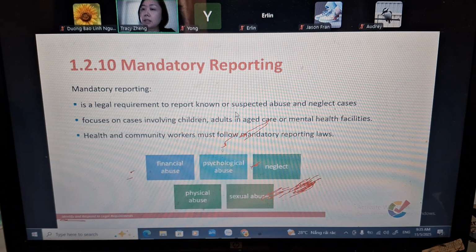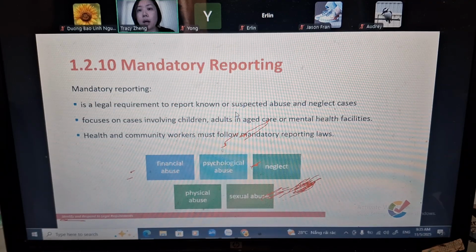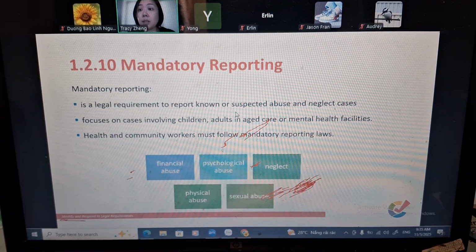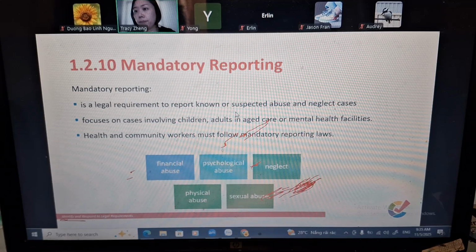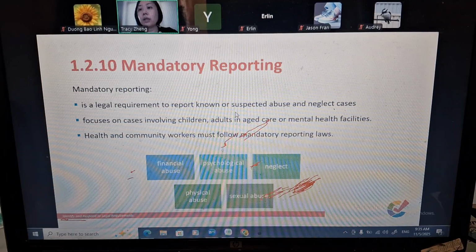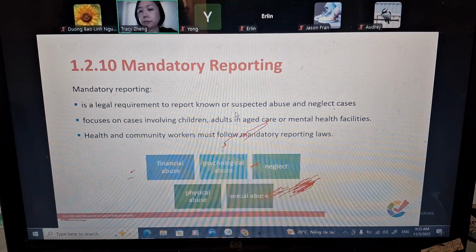But in case you couldn't find your residents, then you also need to report to the police, right? So you also get support and assistance from police to try to look for the person, right? So please write that down. Those categories of cases you must report to your supervisor and the commission or the police.